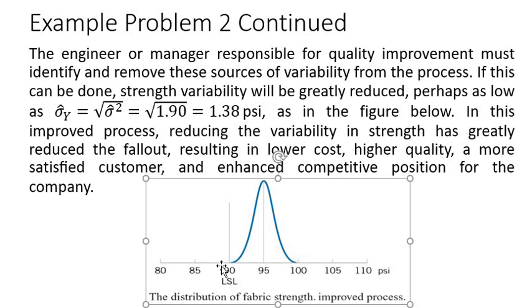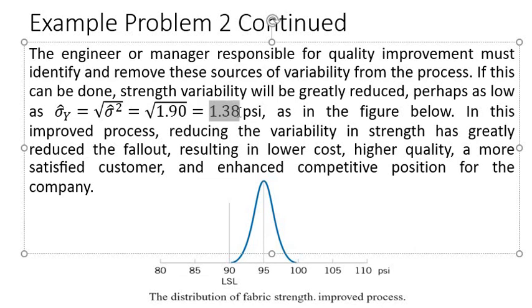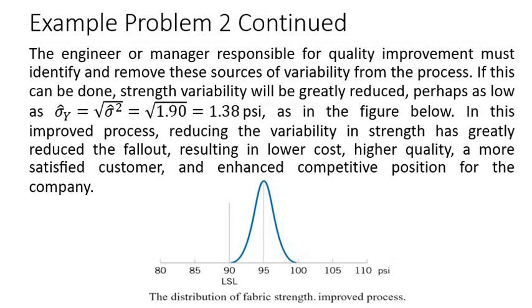You will notice that all the values here are greater than the lower specification limit. So there are no rejects because we only consider the mean square error. We have eliminated the mean square under the treatments because they are the avoidable error.